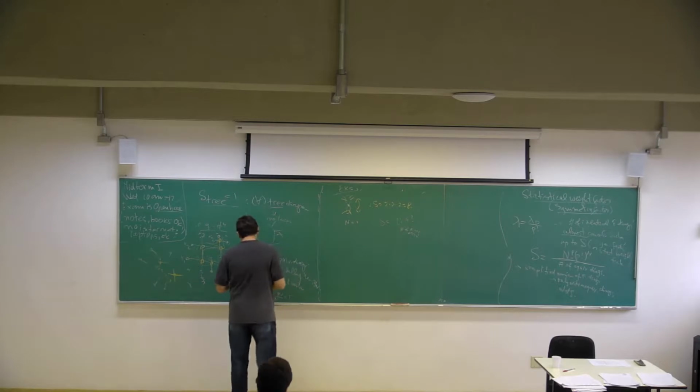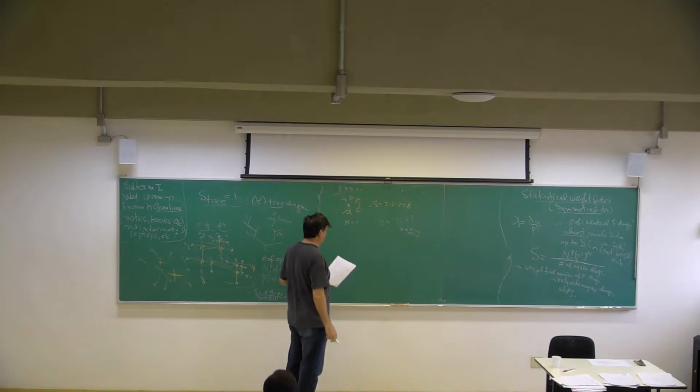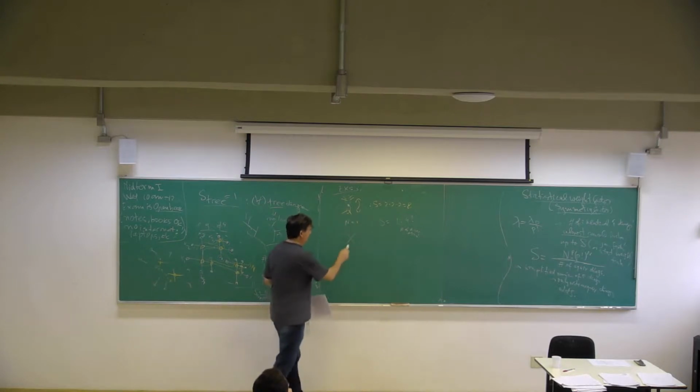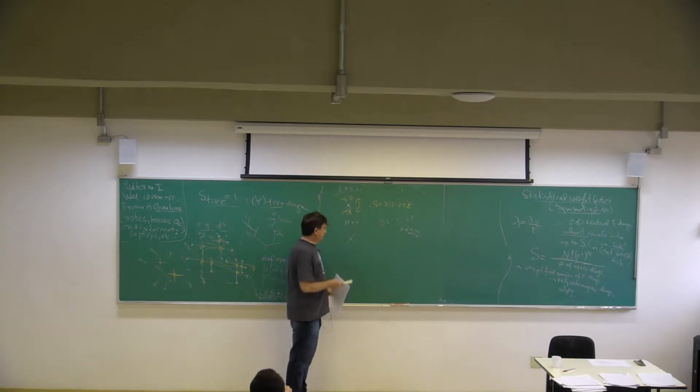Okay. So how do I draw this diagram? First I do what I said. I write the vertex, the internal vertex with the legs sticking out, and now I need to connect them. So here I connect them 2 by 2. So the first thing to do is to connect two of these things.